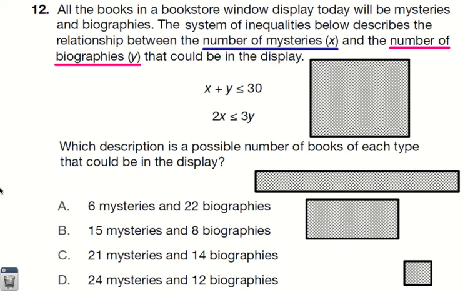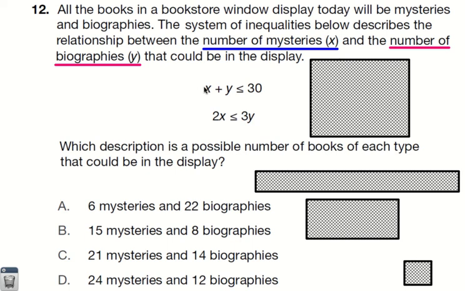Number 12. All the books in a bookstore window display today will be mysteries and biographies. Good for the bookstore. The system of inequalities below describes the relationship between the number of mysteries, X, and the number of biographies, Y, that could be in the display.